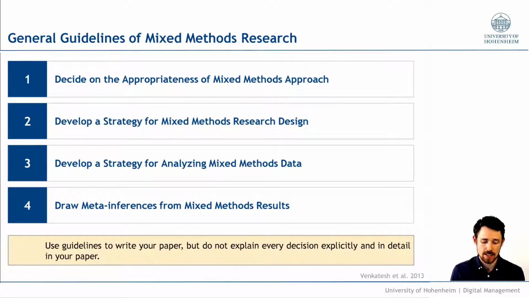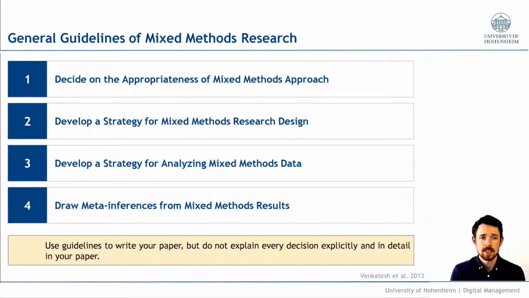And when you've done that, you lastly draw meta-inferences from a mixed method study to demonstrate that your results really added that value and really satisfied that purpose that you set out, or that was the reason for your mixed methods research inquiry.